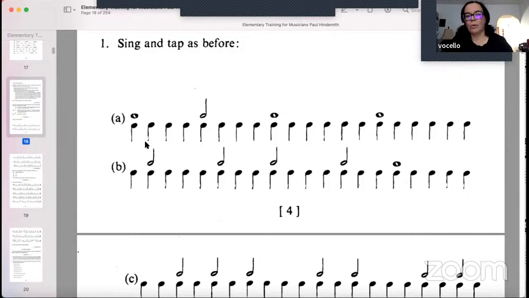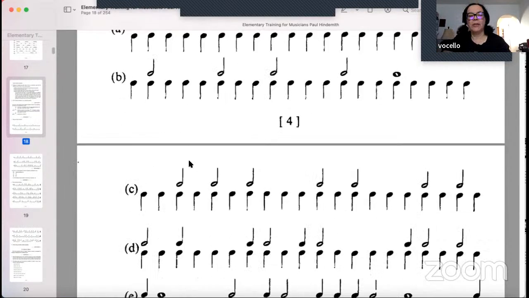But here with the cursor, I continue. Imagine that I was clapping or using these sticks. Let's see, let us see.